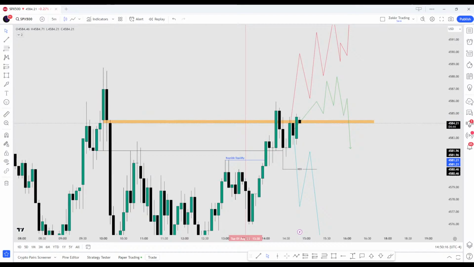No, he never mentioned market structure shift in either of his silver bullet videos. There may be market structure shift, but it's not needed. Many of you guys also say market structure shift, sweep of liquidity for silver bullet. No, it's not a silver bullet. Silver bullet doesn't need liquidity.